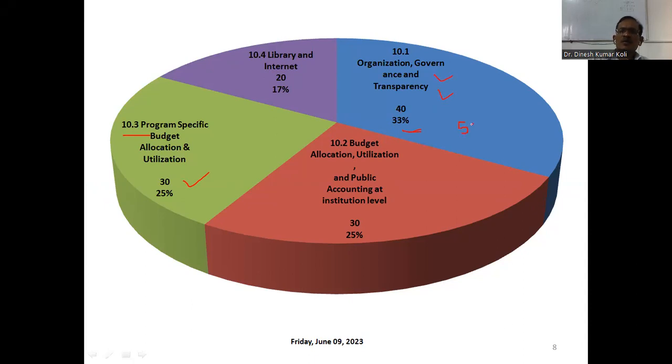Only budget and organizational structure cover the 58%. So approximately 60% is covered by these two, and the remaining 30% by the budget allocation, utilization, and public accounting at institute level. So this is the distribution of the marks for criteria 10.